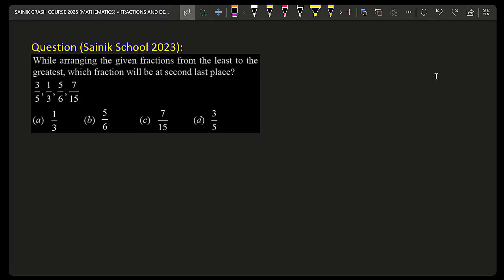How to arrange the given fractions in ascending order? Which method are you using? Equal denominators method, equal numerators method, decimal method, or what? Manaswini, how did you get the answer? Manaswini, are you there?